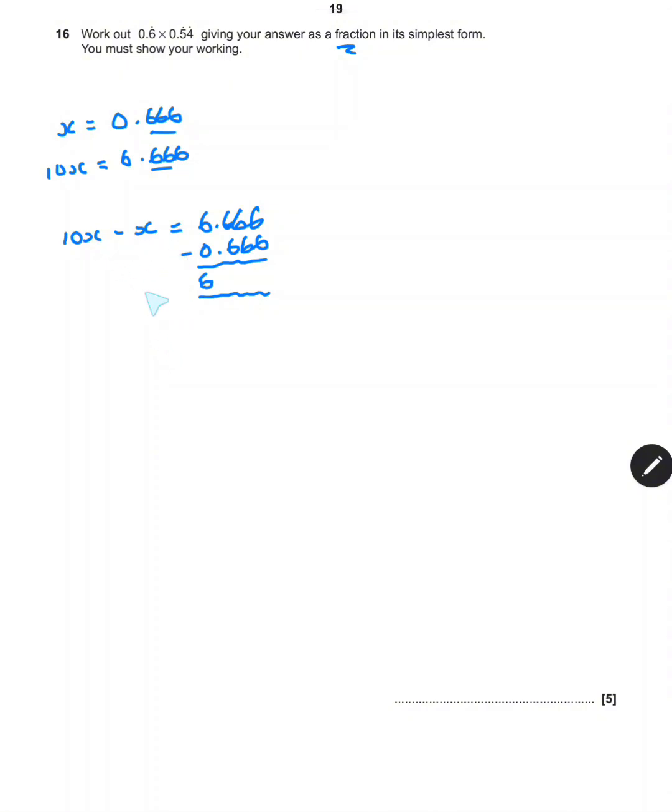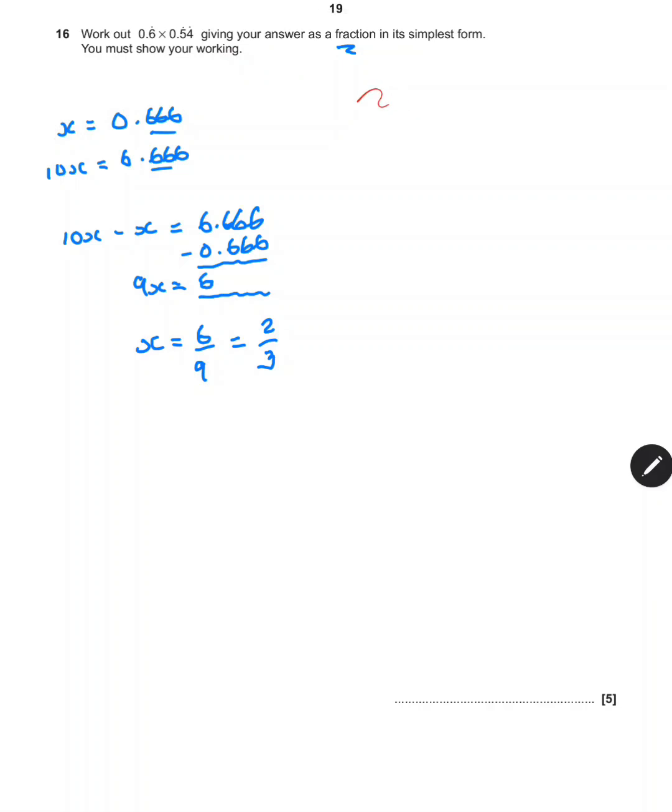I can do 10x take 1x, which is 9x. And what we get is 9x is 6. So my initial x, my recurring decimal, is 6 over 9. And 6 over 9 is 2/3. You may have already known that without doing this process.